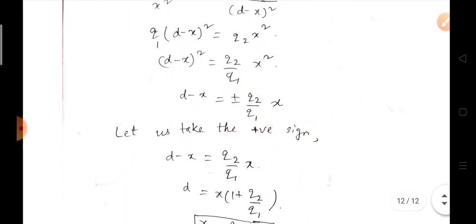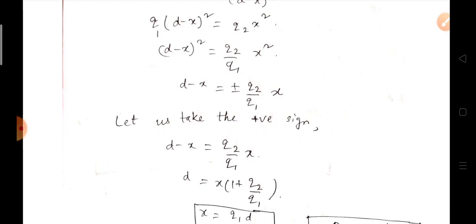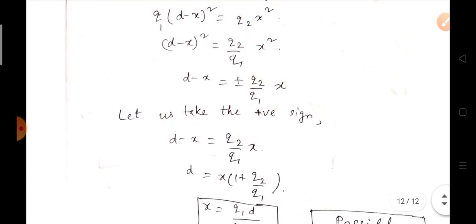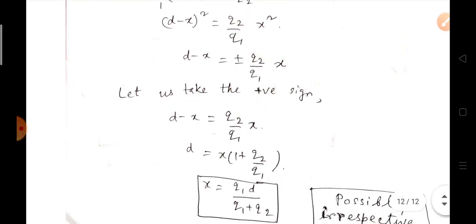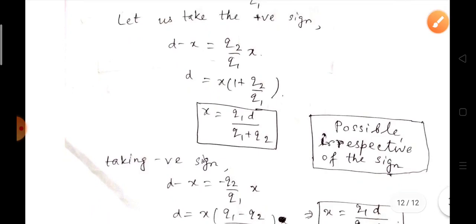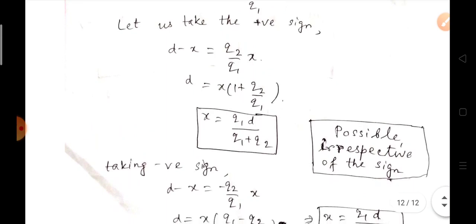x. Now let us take the positive value for the distance calculation. So d minus x equals root of q2 divided by q1 into x.